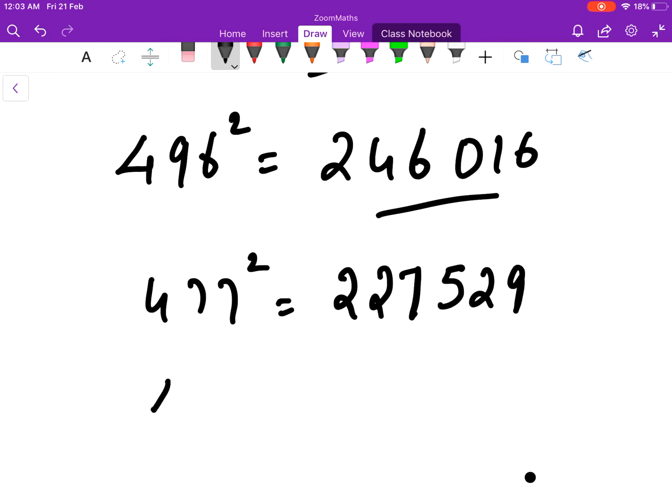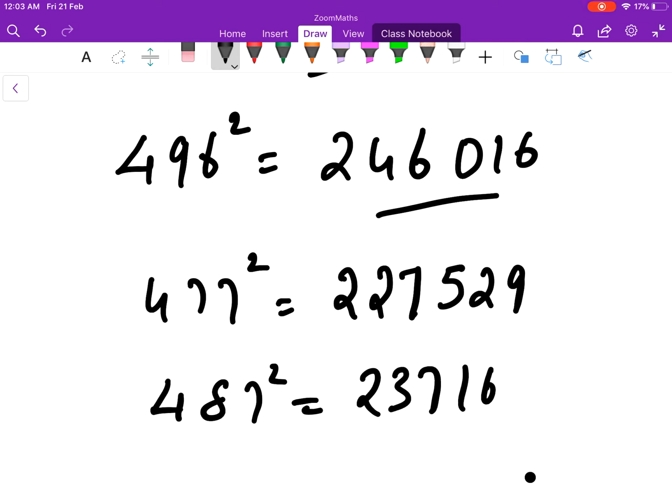Next another one, 487 square is 237 and 13 square, 169.